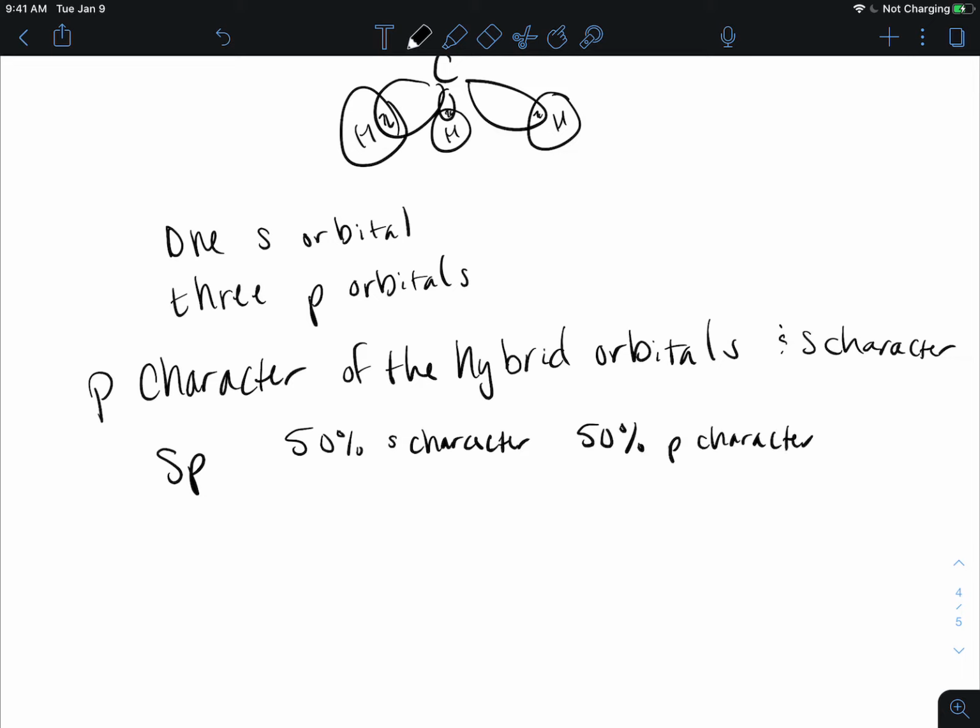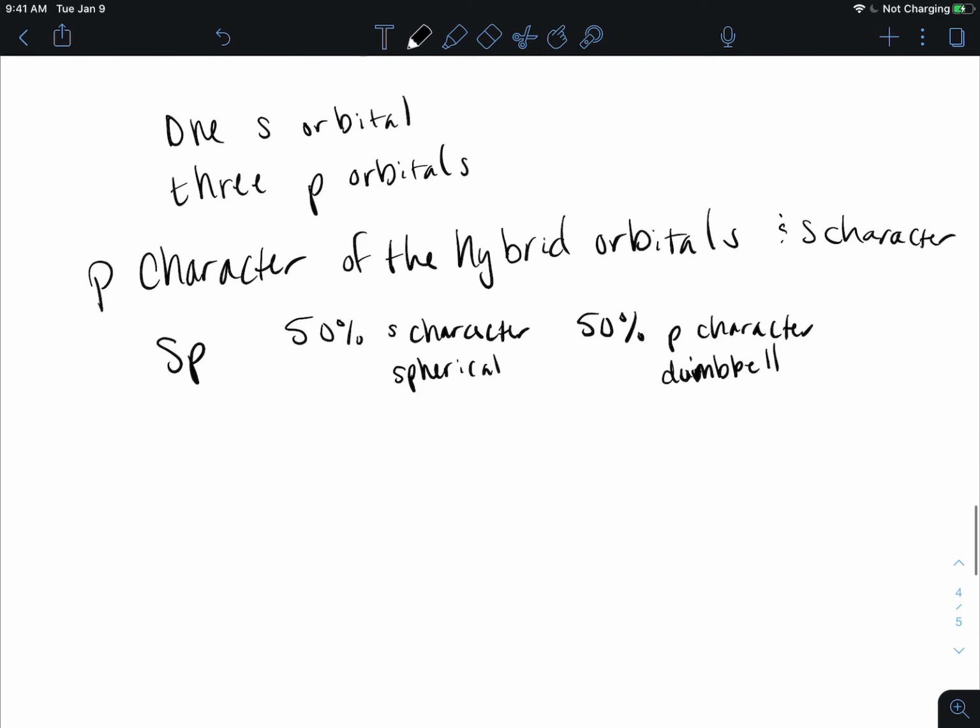Remember that our s is spherical and our p is a dumbbell shape. So when we combine them, we get an almost more spherical look to our orbital than the p orbitals are by themselves.